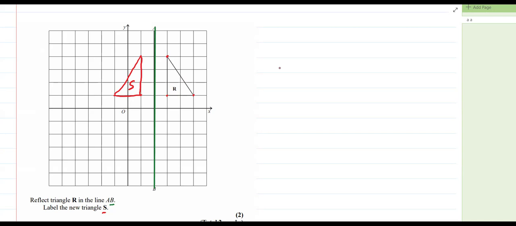So this is how you will do the reflection. Every vertex, for example, this vertex was one step from the mirror line, so make it one step on the other side. One step, so on the other side, one step. This was 1, 2, 3 steps, so 1, 2, 3 step on the other side. We did the reflection. Okay, that's kind of simple, yeah.